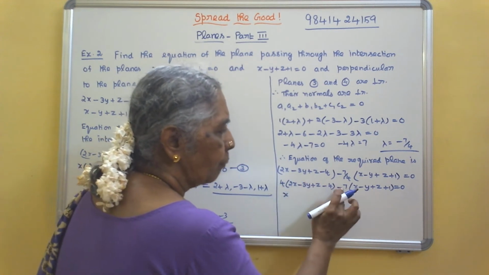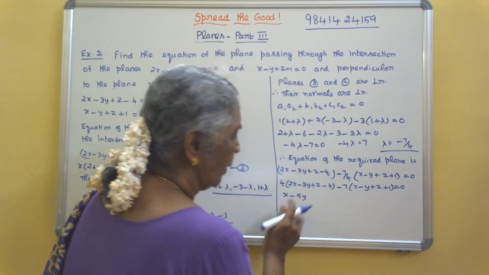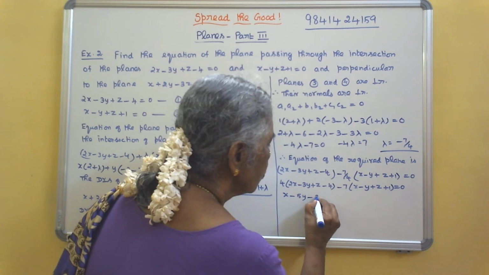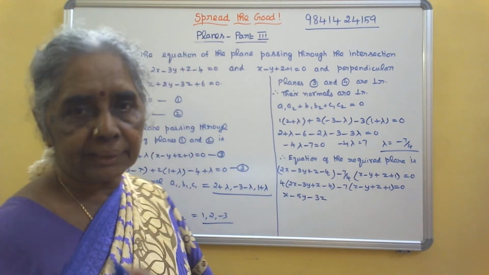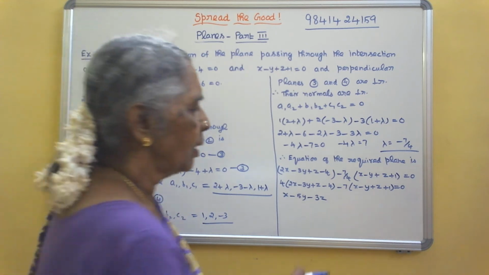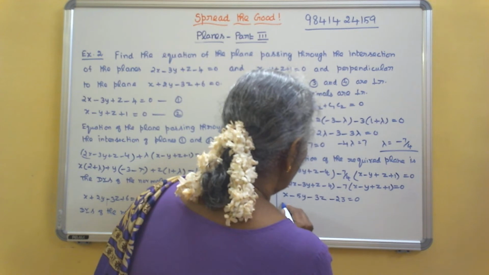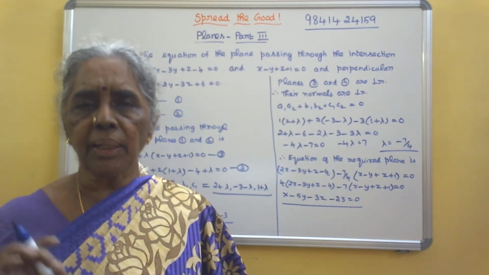Minus 12y plus 7y, so minus 5y, plus 4z minus 7z, so minus 3z, minus 16 minus 7, so minus 23, that is equal to 0. This is the equation of the required plane.